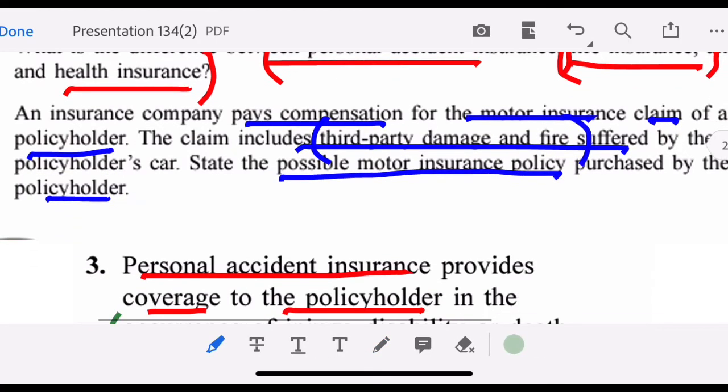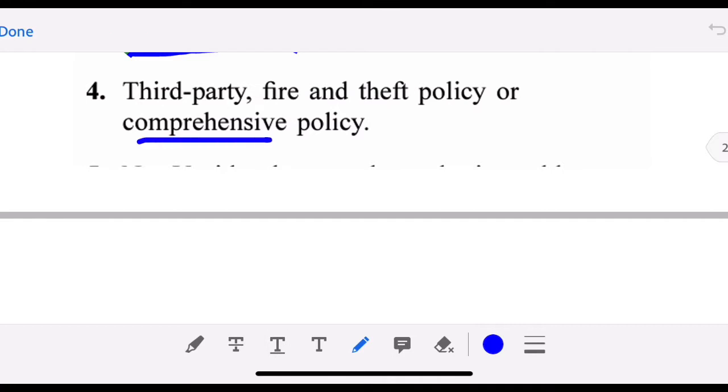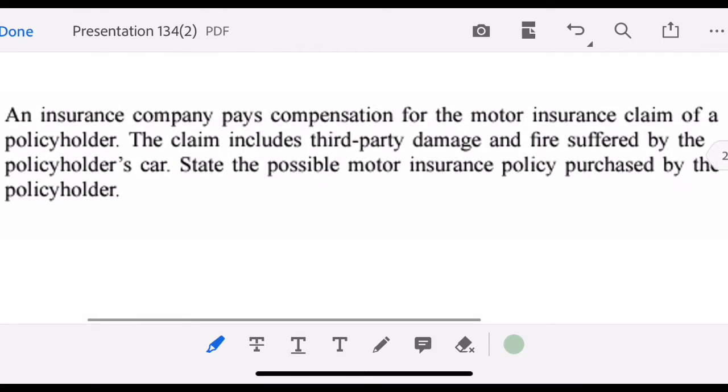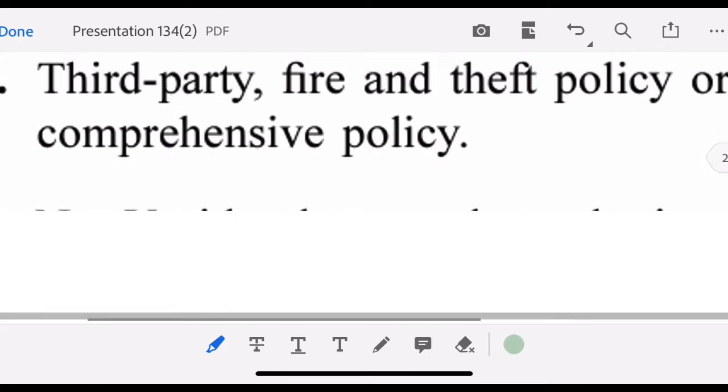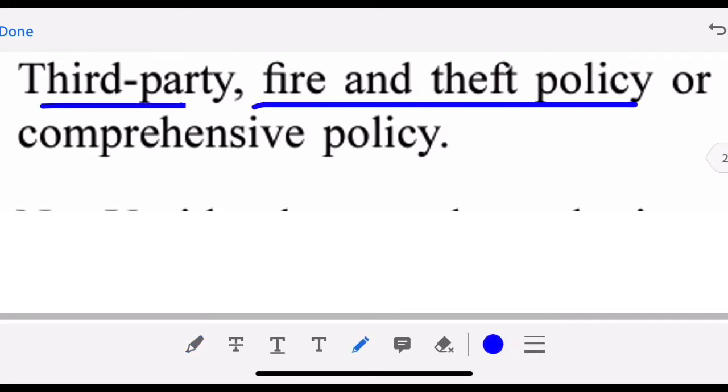So I think comprehensive can be one of the policies because it covers everything, and fire and theft policy, and also third-party policy. Right. Okay, so let's proceed to the next one. So this is the answer: third-party, fire and theft policy, or comprehensive policy.